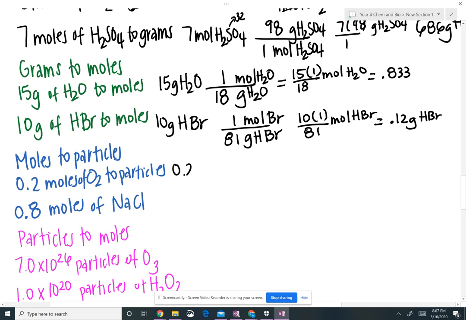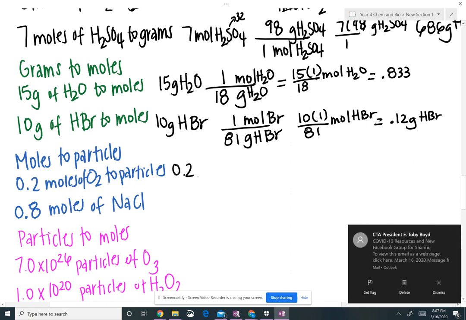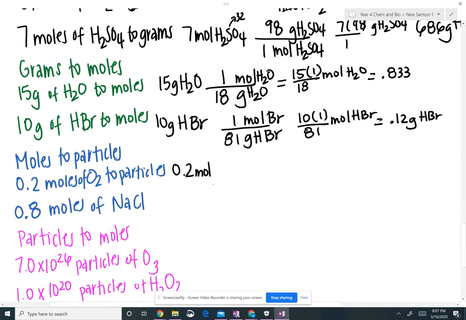So I start off with 0.2 moles of O2, and I'm going to go to particles. I'm going to have moles at the bottom so that moles cancel, and then particles on top. My conversion factor is actually 6.02 times 10 to the 23rd. Then I'm going to multiply those things out.